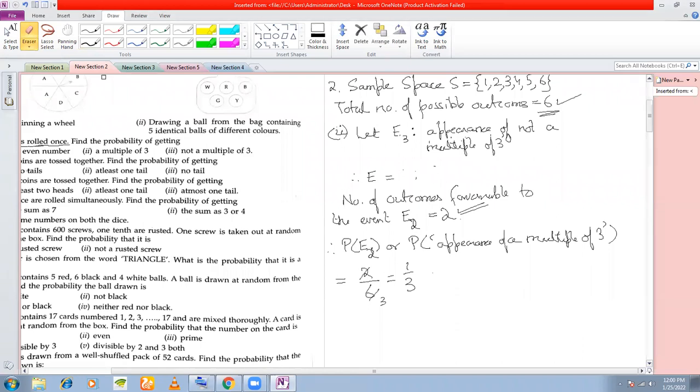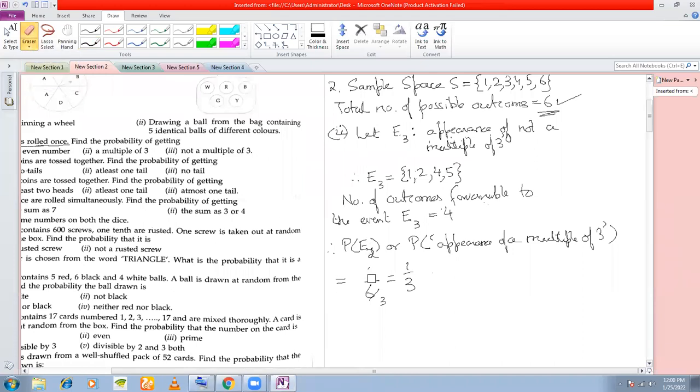Which ones are not multiples of 3 in the sample space? 1 is not, 2 is not, 4 is not, even 5 is not a multiple of 3, right? So how many elements in E3? 4 outcomes.